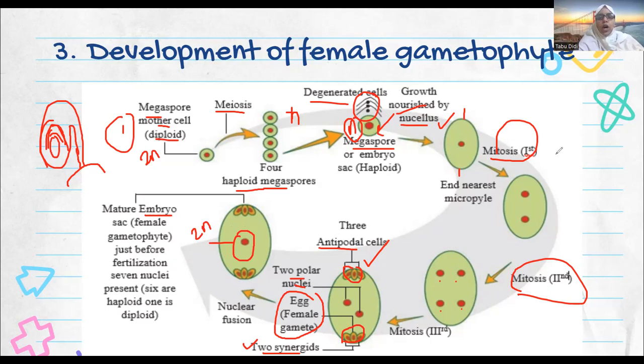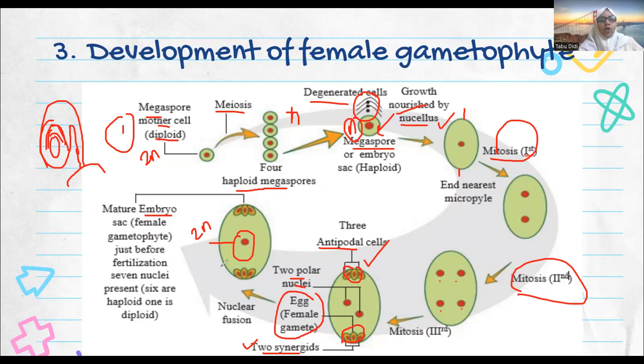Okay. So at one end, it will first duplicate and then divide, then duplication, then division. So the chromosome number will be retained up till here, and the middle polar nuclei at the last stage will just fuse at the center, and then this is the central polar nucleus.